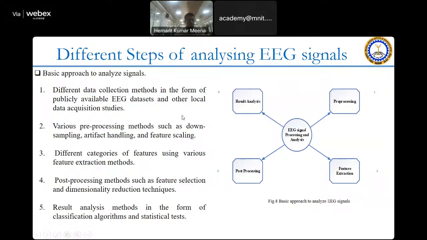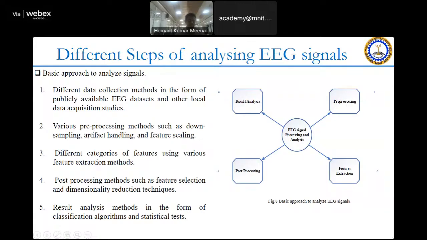Analyzing EEG signals basically means pre-processing, feature extraction, post-processing, and result analysis.